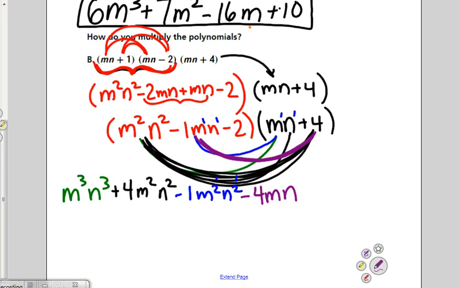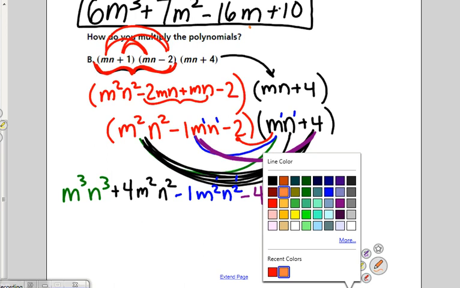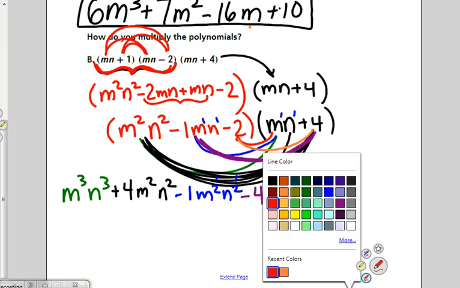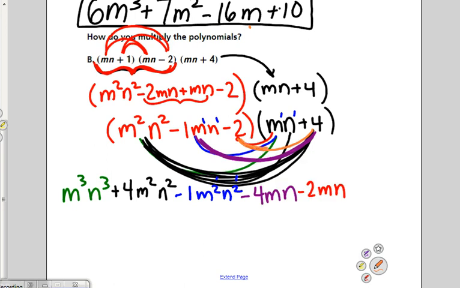Basically, as you're looking at the first grouping, you should make sure that each term has two different arcs going out from it. So that -2 needs to be multiplied by the mn, that's the red arc, and the -2 needs to be multiplied by the 4 to give you -8.